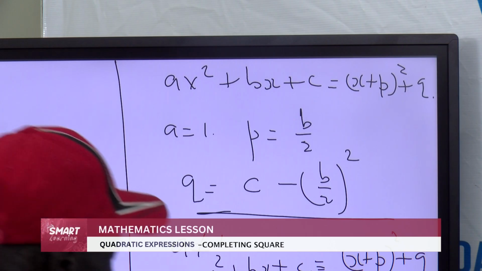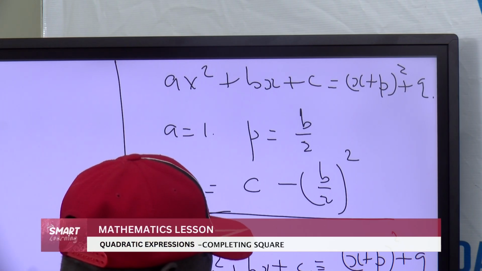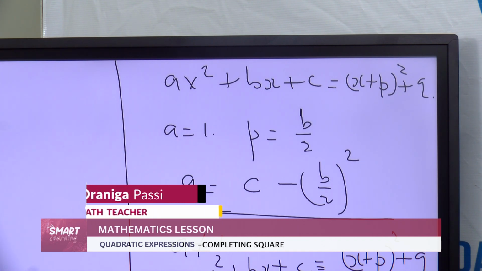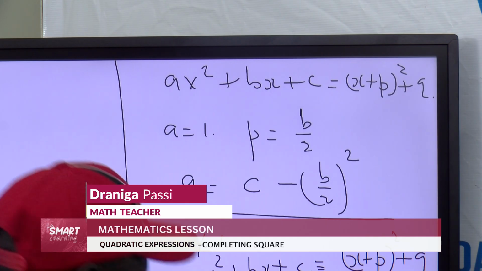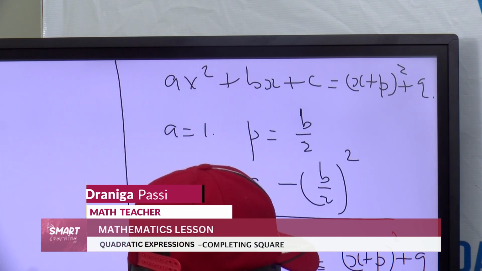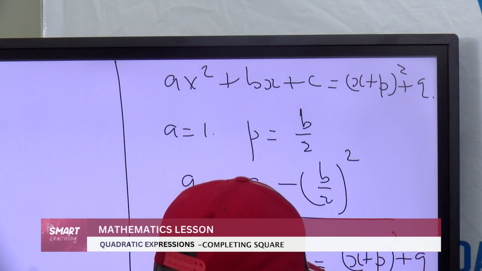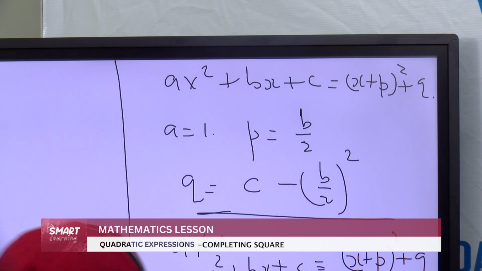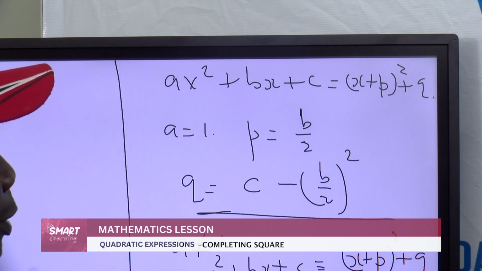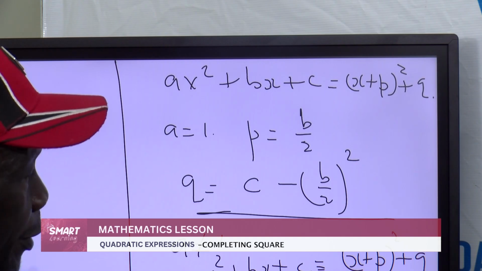So that my p is going to be equal to b over 2a. Now, remember here, our a is not 1. And our q is going to be equal to c divided by a minus b over 2a squared. If you want the expanded form, you can say it is equal to c over a minus b squared over 4a squared. You can use that one. So that is if our a is not 1, but we still have to write in the form of x plus p squared plus q.